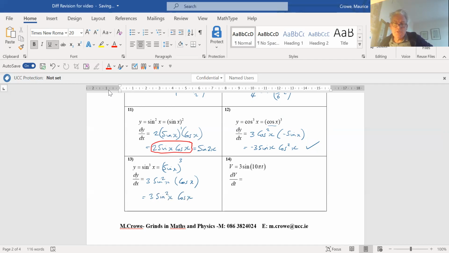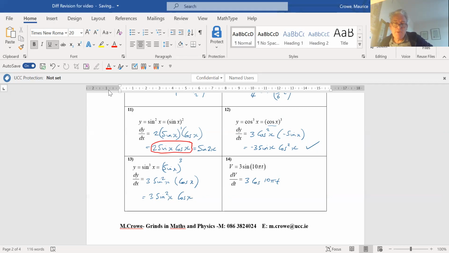And now this one then was an exam as well. V and T, probably voltage and time. Yeah. So it's going to be 3, keep the 3. Sine goes to cos 10 pi t. Okay.